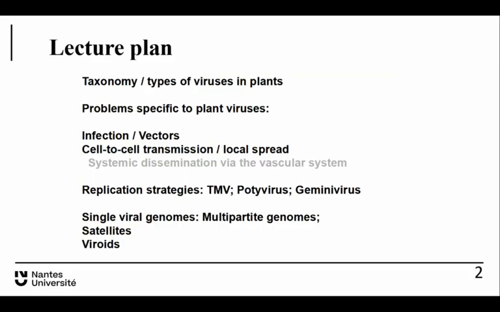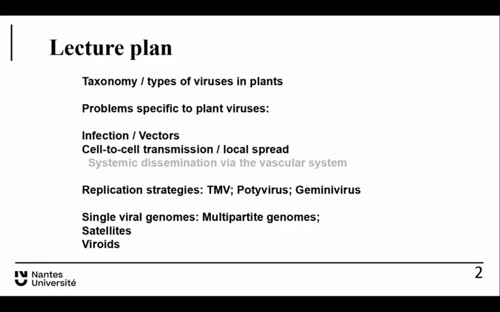One of them is how to infect the plant in the first place. And then local spread within the infected plant and systemic dissemination are two different processes, and every plant virus has to have an efficient solution for both of these stages in the infection of a plant.